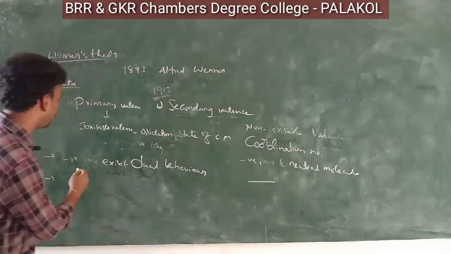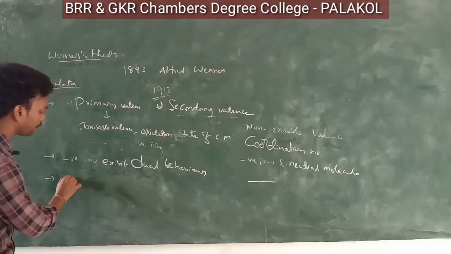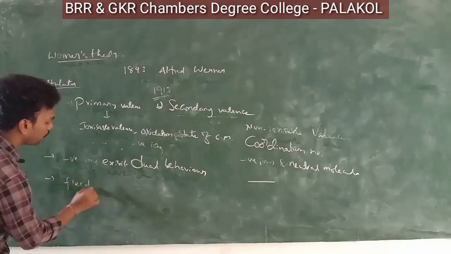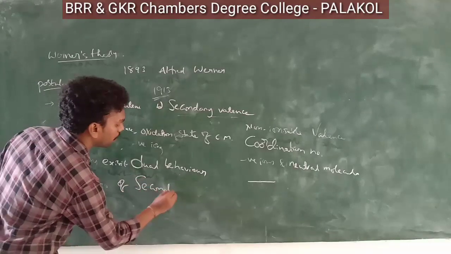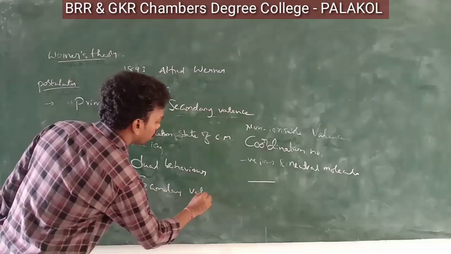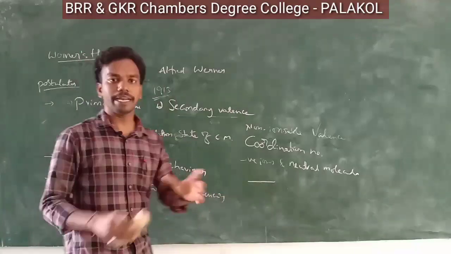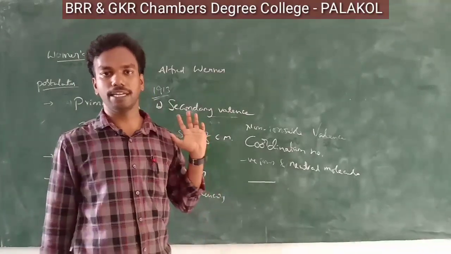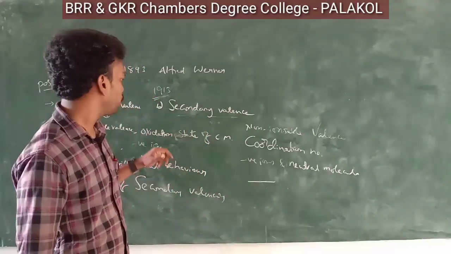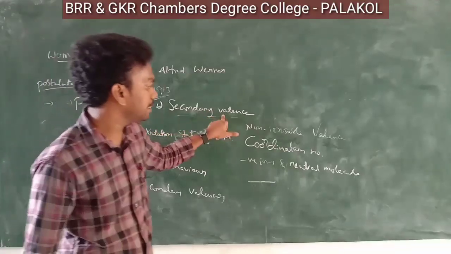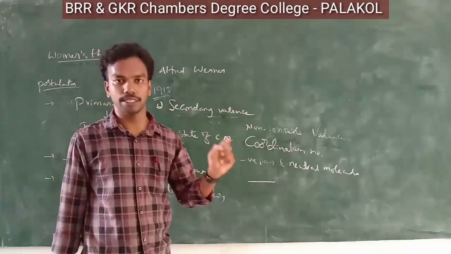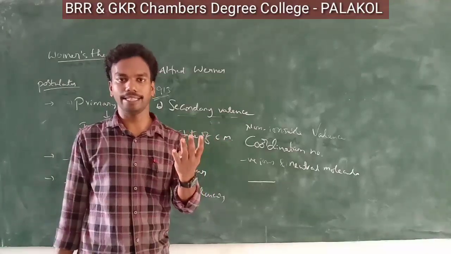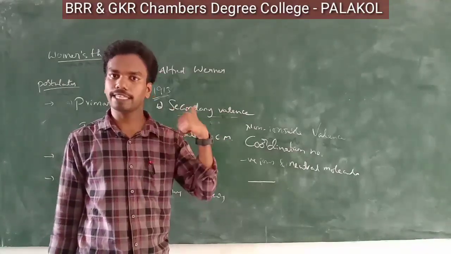Postulate number 3: every metal atom has a fixed number of secondary valencies. What I have told you is that secondary valency corresponds to coordination number, so coordination number is fixed. If you have 4 ligands, the coordination number is 4, and the secondary valency is 4.